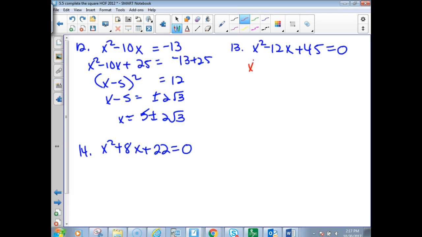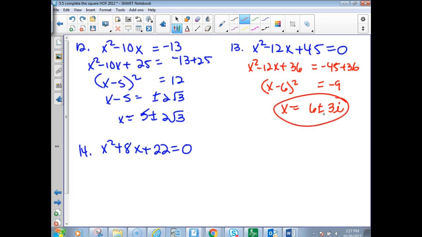Next one. Negative 6 plus or minus 3i for number 13.